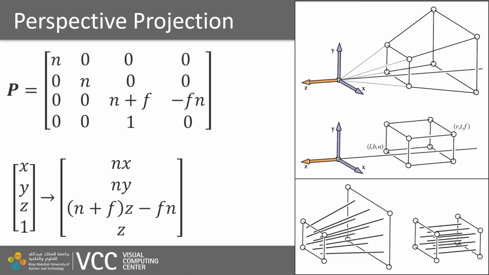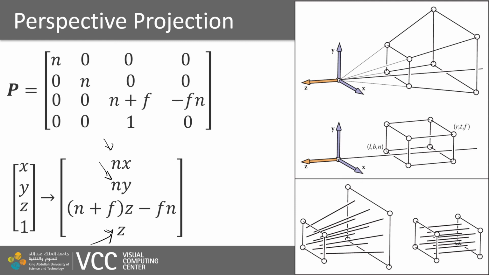So let's have a look at the matrix again, and we can see here the result of our calculation with some column vector x, y, z, and we can see what we already learned for x and y.